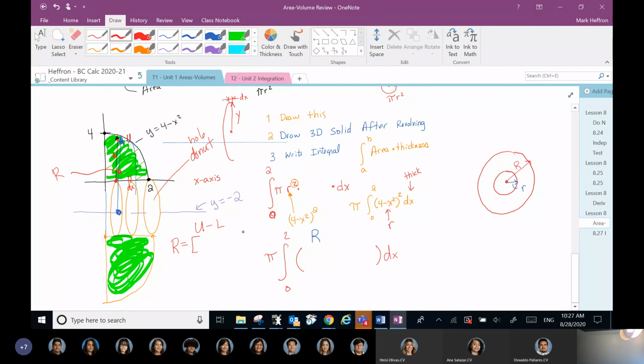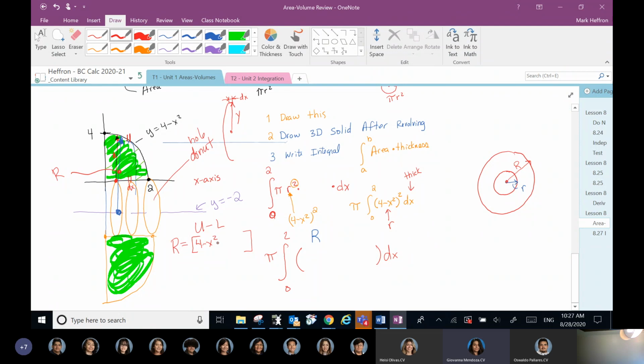Go ahead, Giovanna. It would be the radius from y equals -2 all the way to the function. Okay, how could we write that mathematically? What's the upper side of that? 4 minus x squared minus 2.